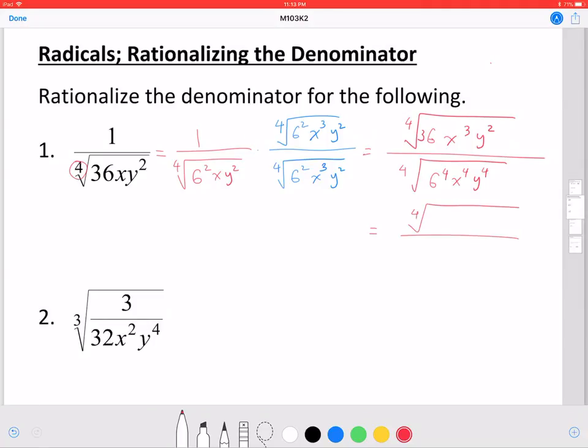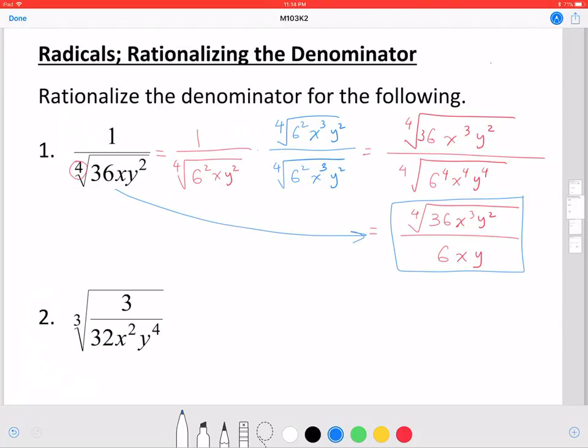So my final result is this: the fourth root, the numerator is going to remain as this, and the denominator would just be 6xy. That's it. And I have removed the radical from the denominator. This was my original problem, and that's what happened.